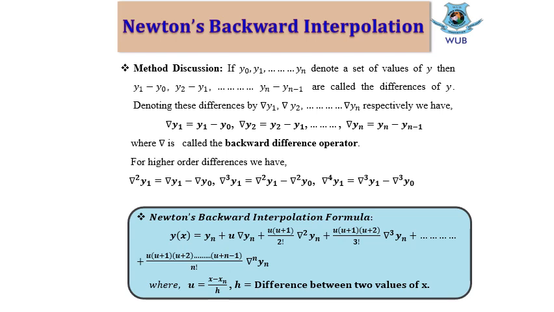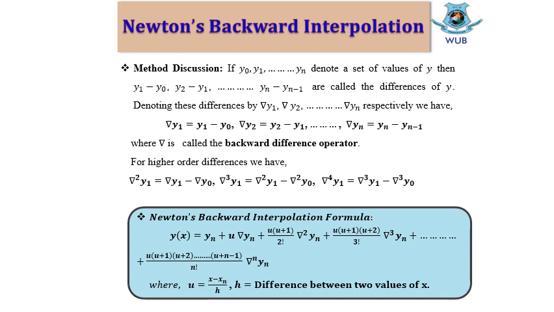In forward interpolation we use all negative signs, that means for the third term, it is u into u plus 1 for backward interpolation, but in forward interpolation it was u into u minus 1. And in this way all the minuses were put there.